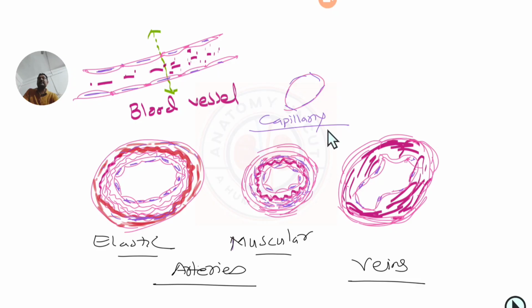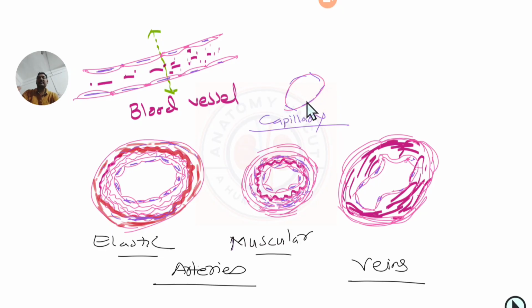They have different types: the continuous capillaries, the discontinuous capillaries, the sinusoidal capillaries, the fenestrated capillaries. They will work at their position to allow the selective entry and exit of a few substances through their lumen into the tissue. So this is the capillary.